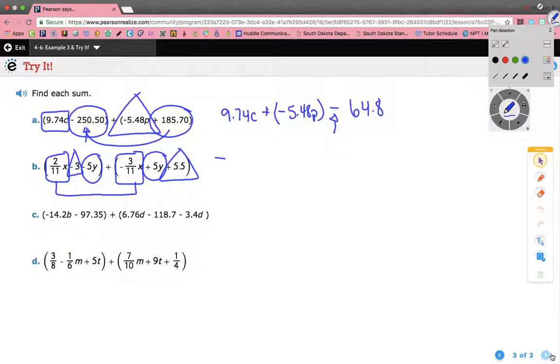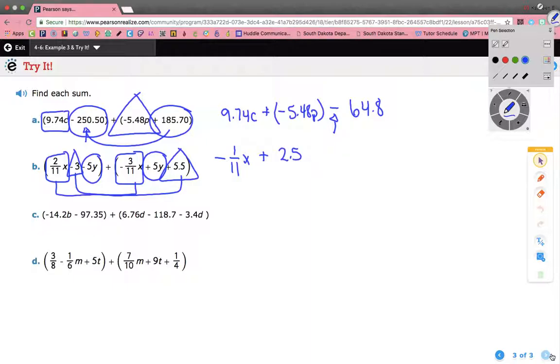And then I'm going to subtract. 3 minus 2 is 1/11 x. Okay, if we do triangles next, I have -3 and 5.5. Well, my answer is going to be positive because 5.5 has the greatest absolute value and it's positive. And then 5.5 minus 3 is 2.5.